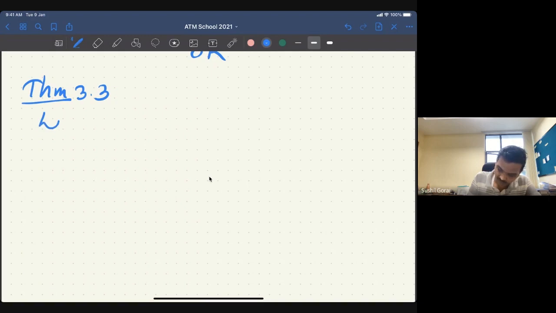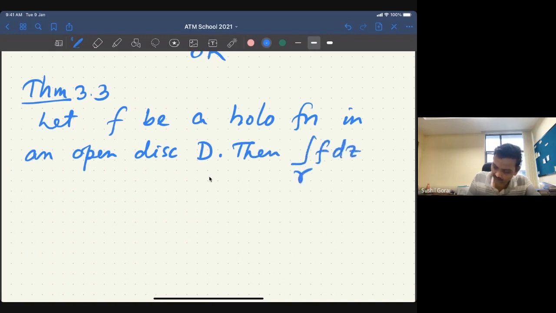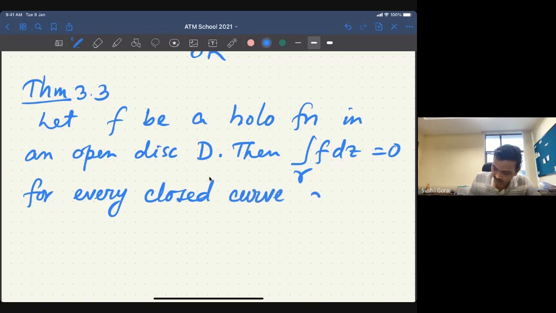Let f be a holomorphic function in an open disk D, then the integration over gamma of f dz is 0 for every closed curve gamma in D. See, we have changed the statement a little bit.